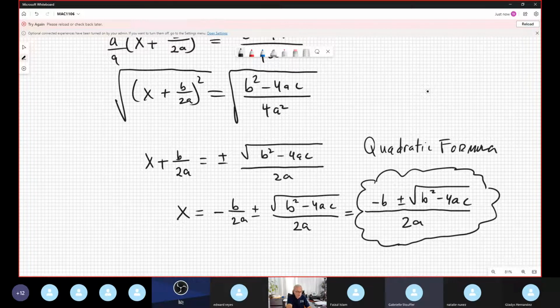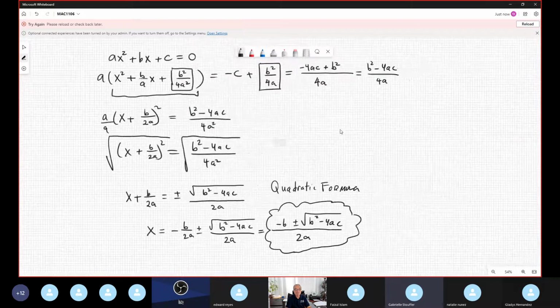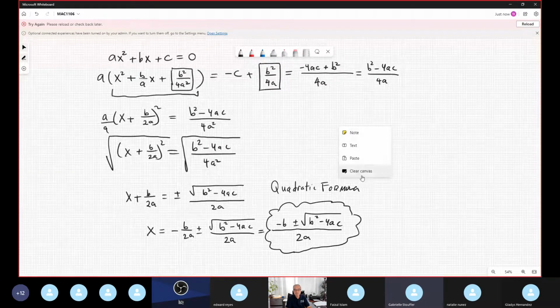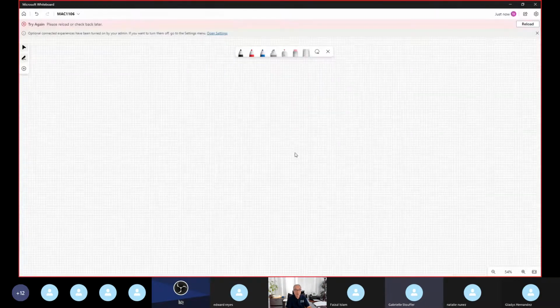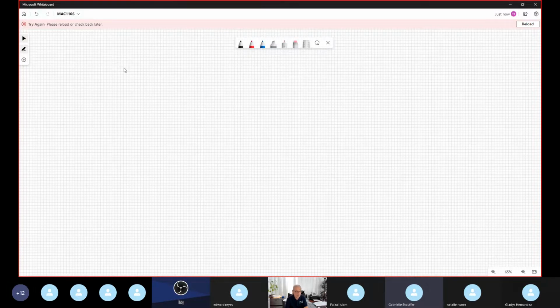So the example we're doing now is an application of this formula directly on the equation, right? Okay, example 1, guys.